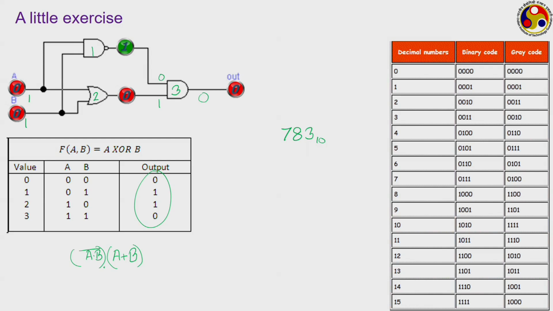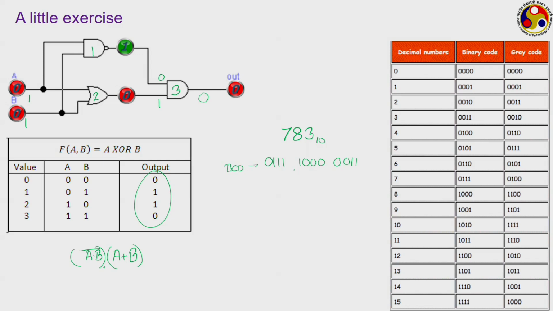So, what is the binary equivalent for 7? Binary equivalent for 7 is 0111. Binary equivalent for 8 is 1000, and finally binary equivalent for 3 is 0011. So, that is how it is going to get stored in the computer memory if you want to store in BCD format. This is your BCD version of this.